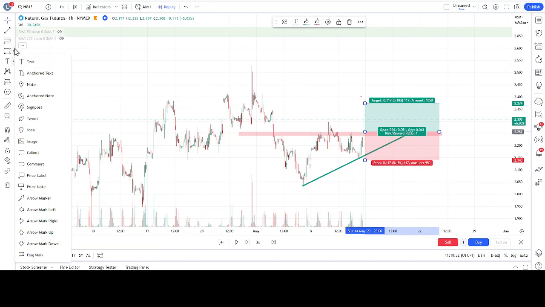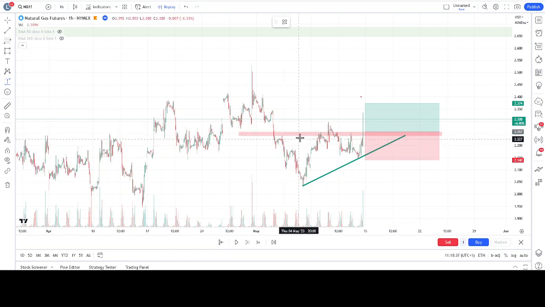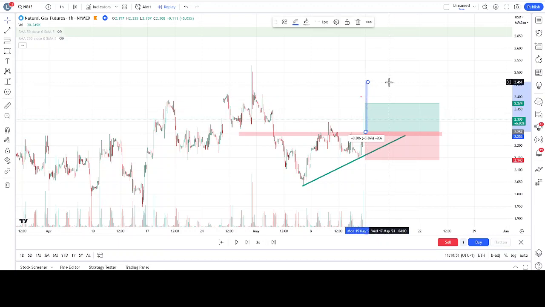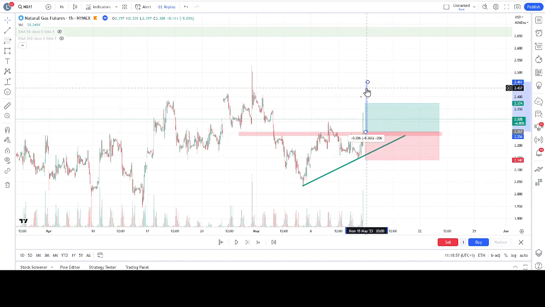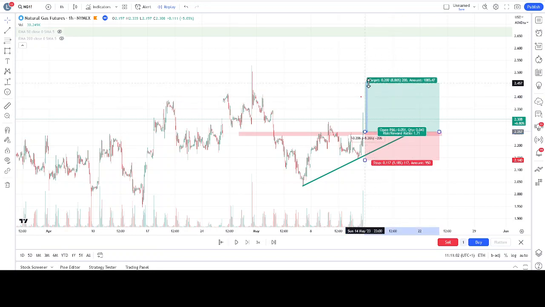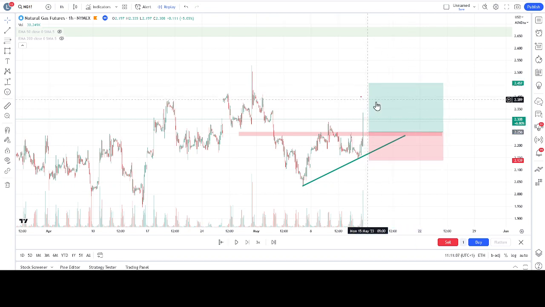Let us take the price range tool, and our target will be, that's our price target. So let me just get the trade here. Move this out.